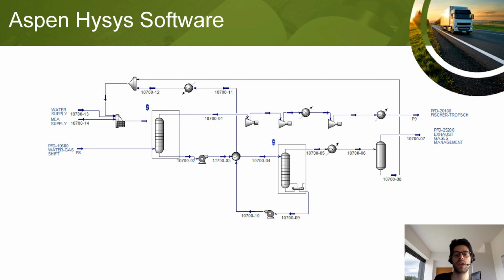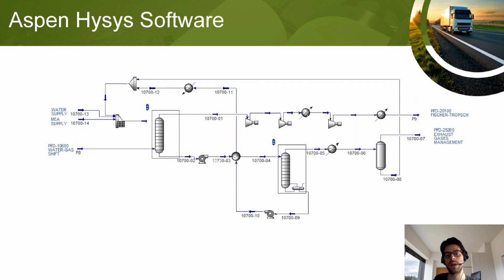After the optimization was done, we simulated the whole plant using the software named Aspen Plus, which is a chemical engineering software handling process and utility streams, as well as the different equipment such as reactors, pumps, compressors, or heat exchangers.